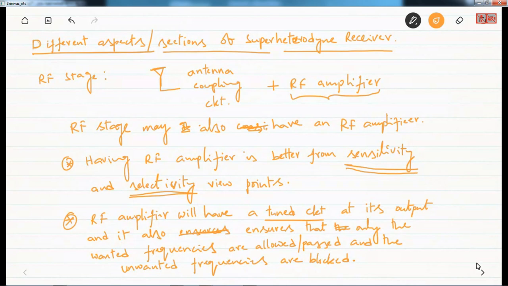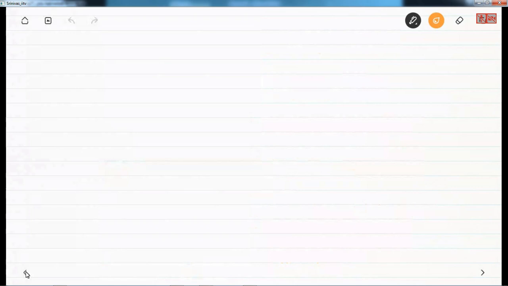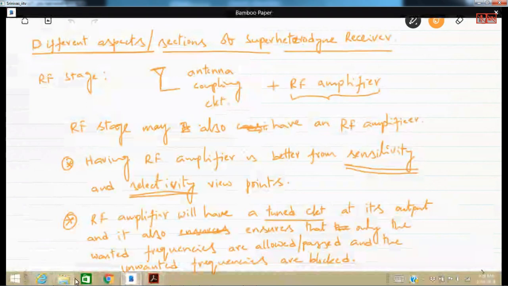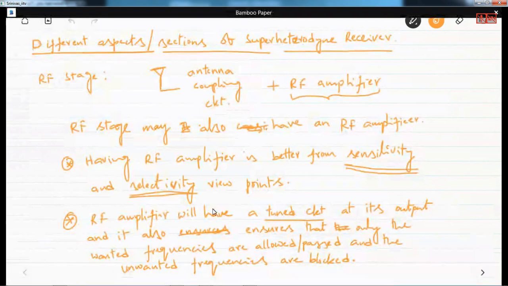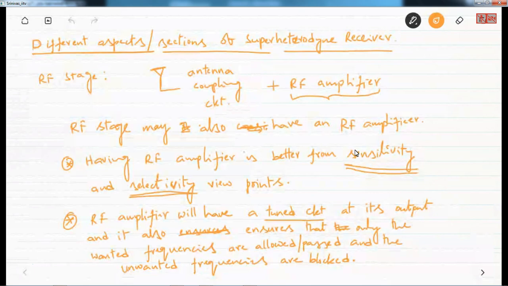Next we will go to the mixer, but before discussing that, we will discuss what sensitivity and selectivity are in a more detailed manner. We'll discuss sensitivity first, and then selectivity.